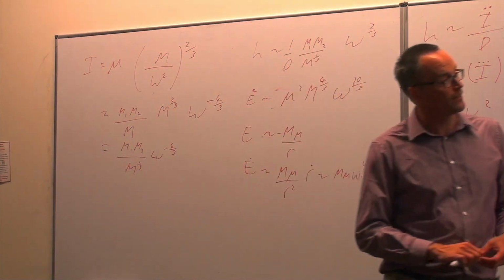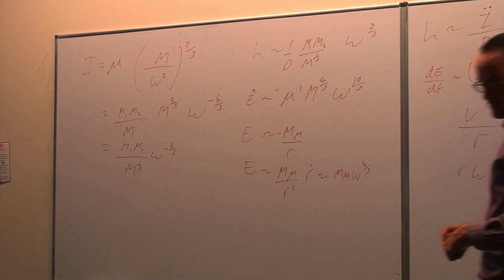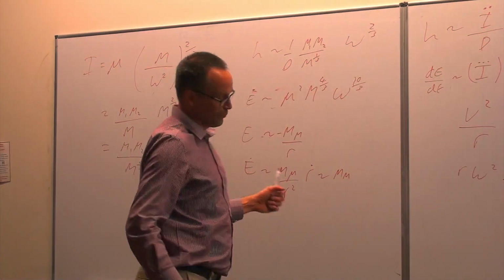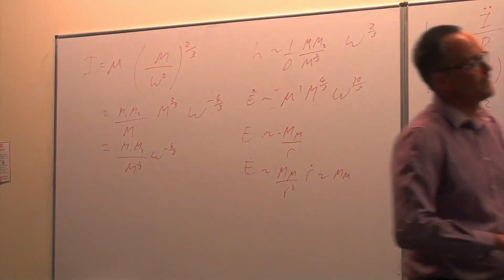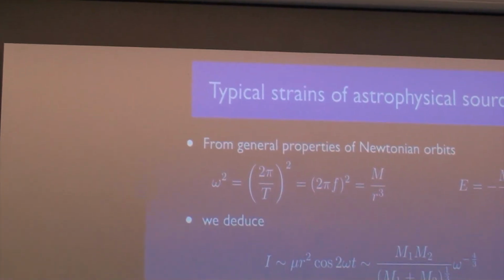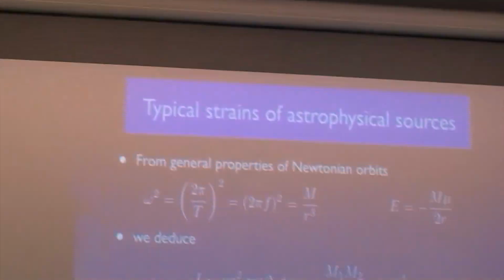And that r dot, I missed a factor of m then. Okay, that 1 over r squared. So 1 over r is omega squared over m to the 1/3. So that squared is omega to the 4/3 divided by m to the 2/3.